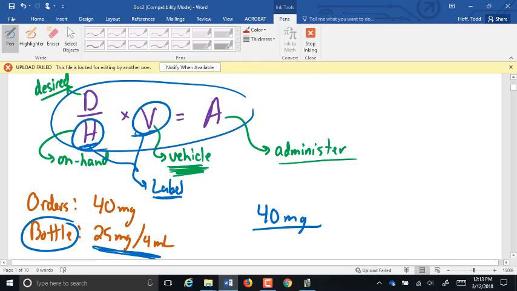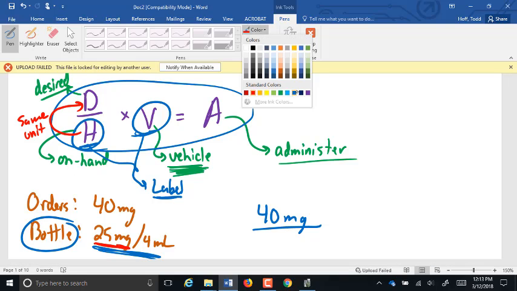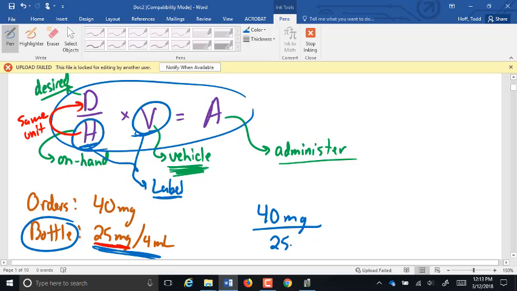H always has to have the same units as the doctor's order. So the H, the on-hand dose here, is the 25 milligrams. Now we ask ourselves, what carries that 25 milligrams into the patient? Well, 4 milliliters of fluid is what carries that into the patient. The 4 milliliters is the vehicle that carries that on-hand dose of 25 milligrams into the patient.